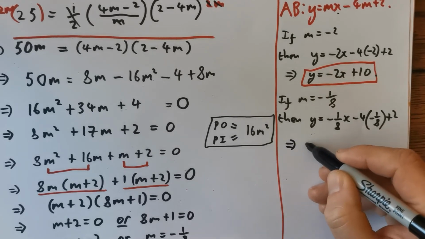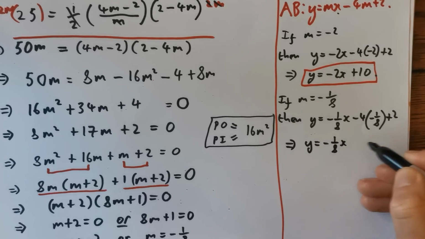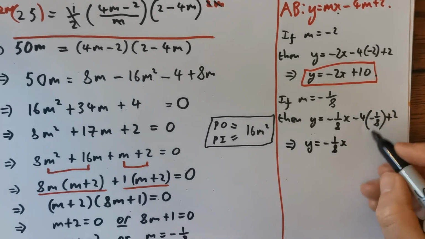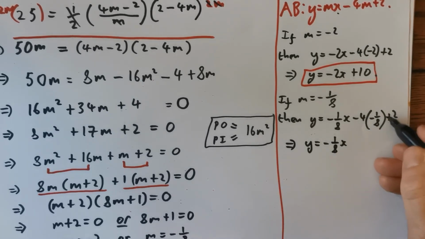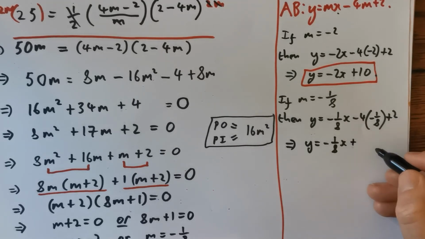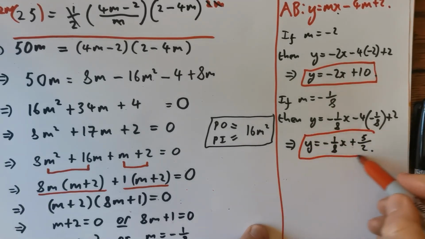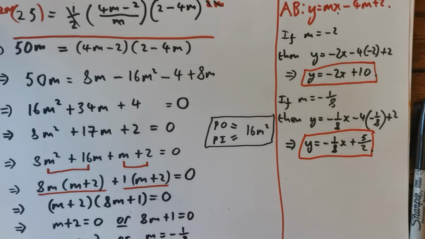Simplifying that, we get y equals negative 1/8 times x. Negative 4 times negative 1/8, well that's positive 1/2. Positive 1/2 plus 2, well that's plus 2.5, or I might write that as plus 5/2. Okay, so AB could be either of those equations.